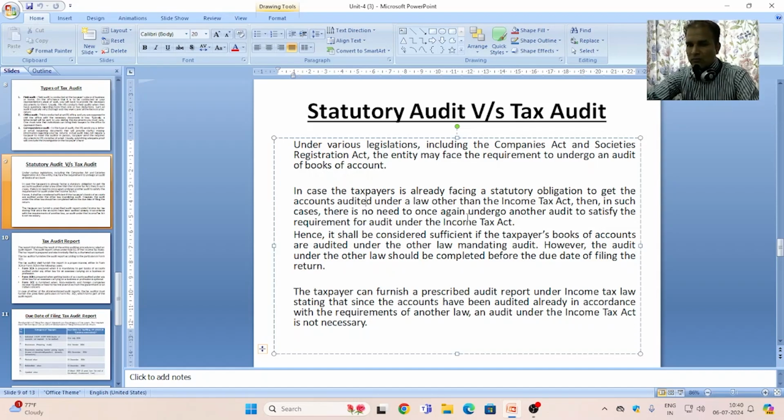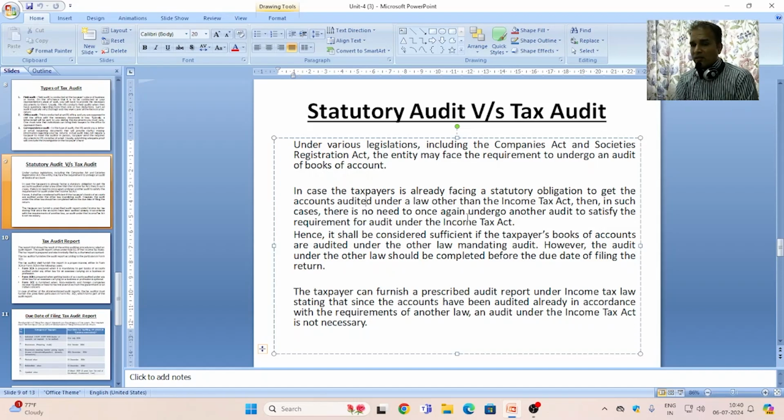So, statutory audit and tax audit are related in the sense that if a statutory audit has been conducted on the books of accounts of SSC or taxpayer and it has been completed before the due date of filing the return, then there is no requirement for a separate tax audit.